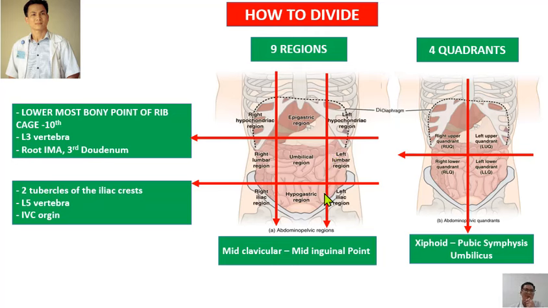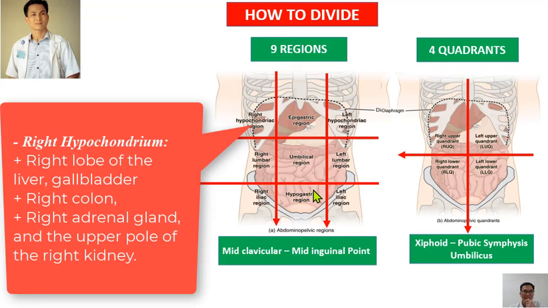You have to learn by heart all the organs contained in the 9 regions here. For example, the right hypochondrium contains the right lobe of the liver, the gallbladder, the right colon, the right adrenal gland, and the upper pole of the right kidney.